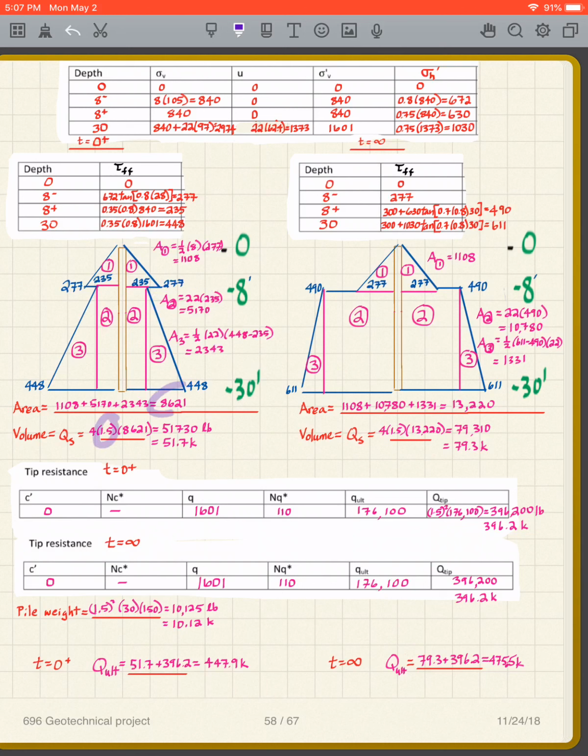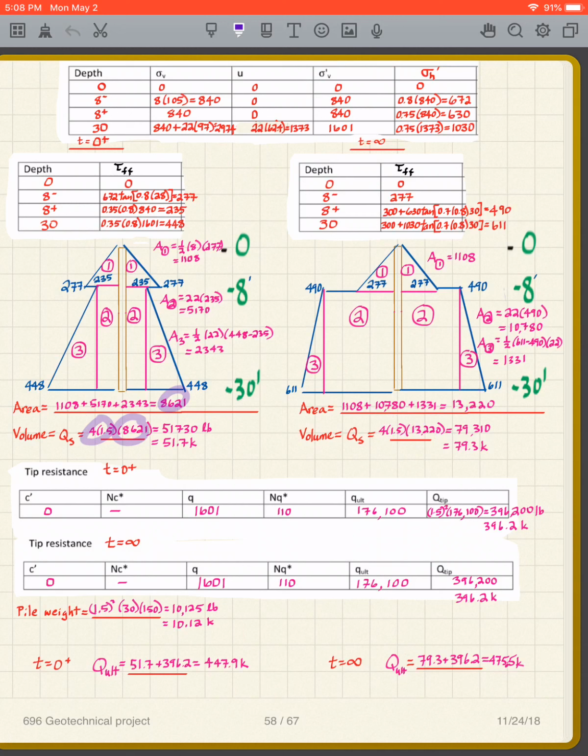So my total is 8621. I have to multiply. And then, as I said, we have 4 of those. So to get the total volume all the way around this pile, I have to multiply that by 4. So it's 4 times 1.5 times the 8621, and it's 4 times 1.5 times the 1320.